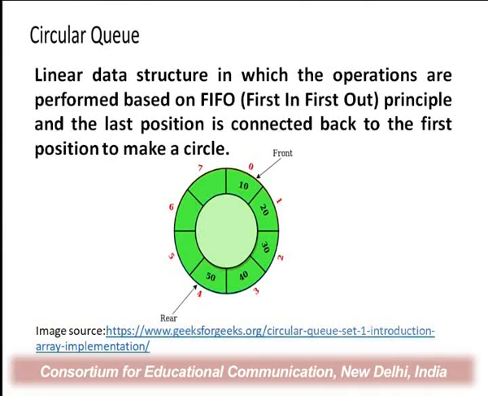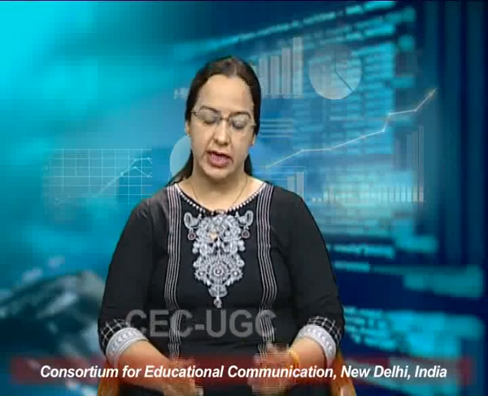So, front is pointing towards the 0th index, that means no element has been taken out, but some elements have been enqueued, and the rear is pointing towards the 4th position, after indexes 0, 1, 2, 3. So, this is the figure of a circular queue, which overcomes the problem of the linear queue, that we cannot insert the elements even if the space is there on the front side.